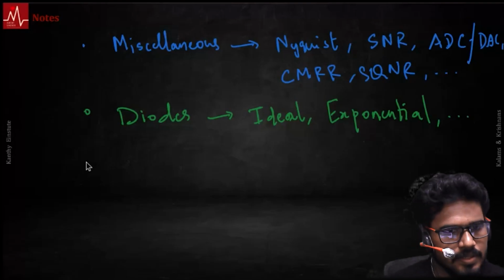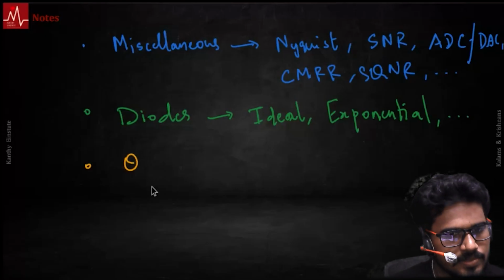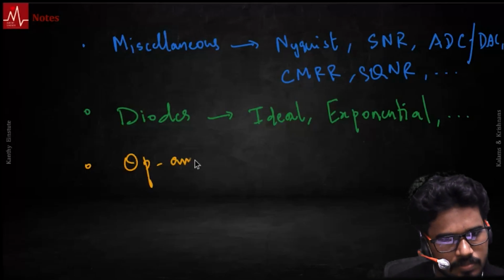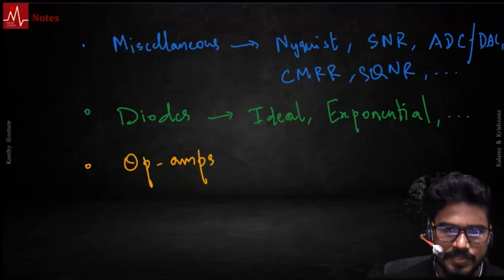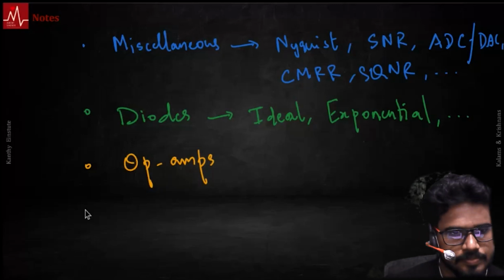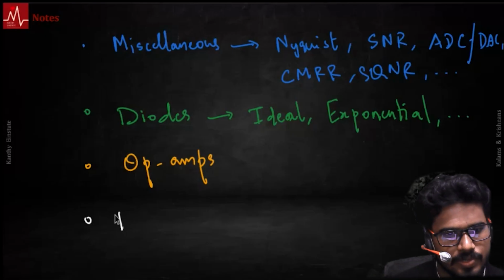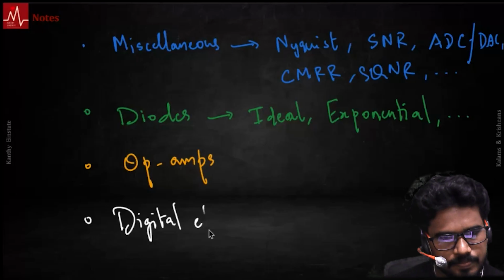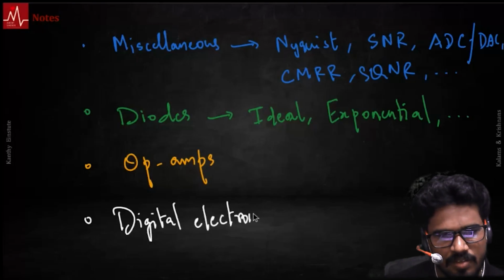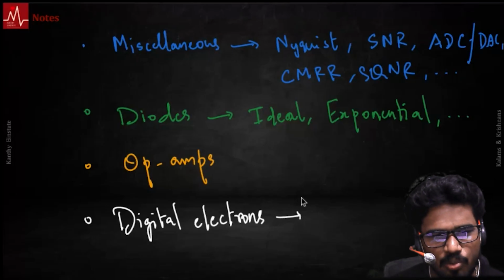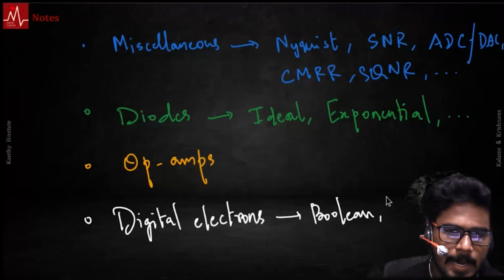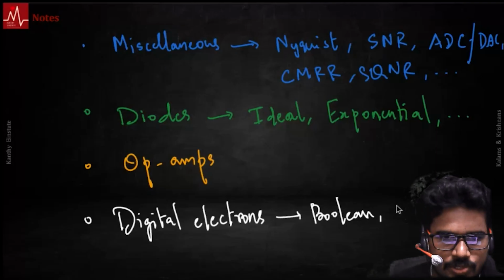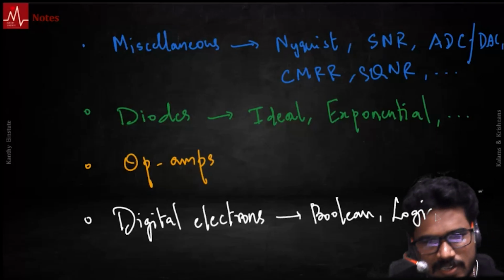And then op amps. Typically there is a question, and DAC basics. There is a question on digital electronics, where you have things like Boolean algebra, and from my experience, this is what I would consider the basics.